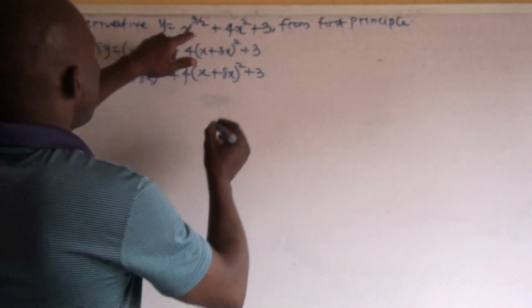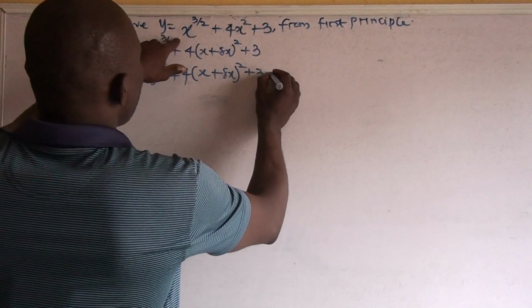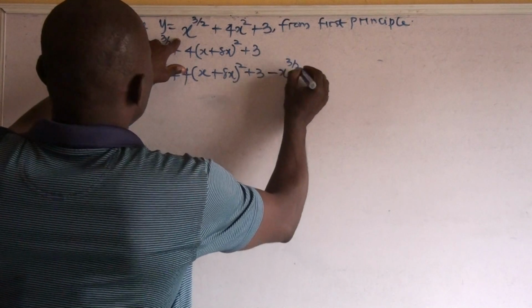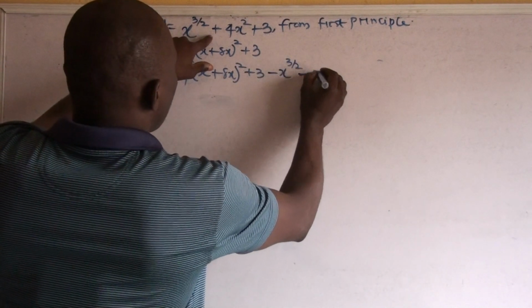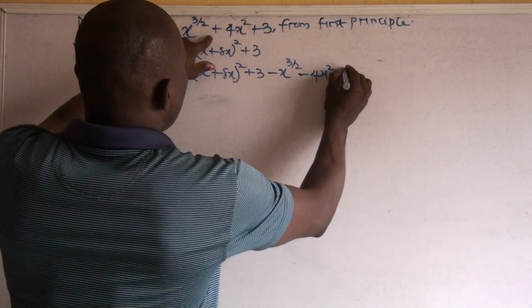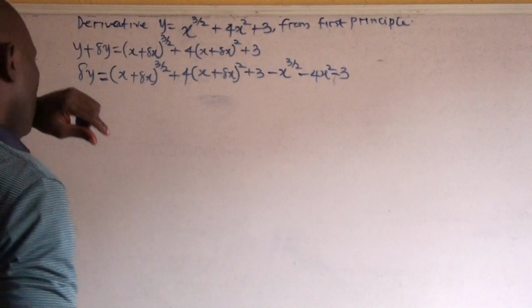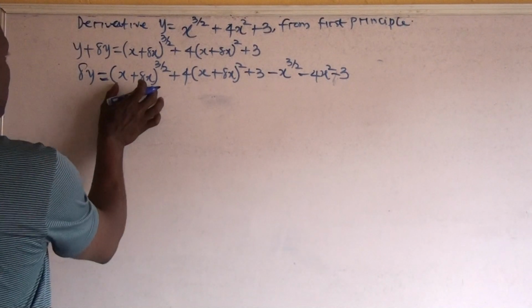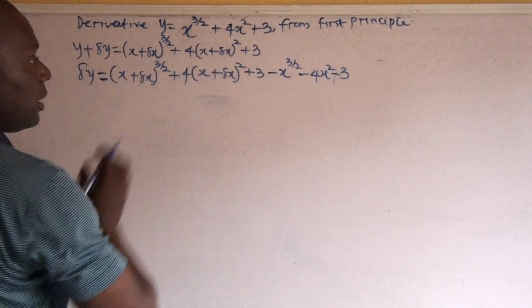But we know that y is this expression, so this minus will affect this expression. This will be x raised to power 3 over 2 minus 4x squared minus 3. Okay, now we need to expand this, and we need to expand this.